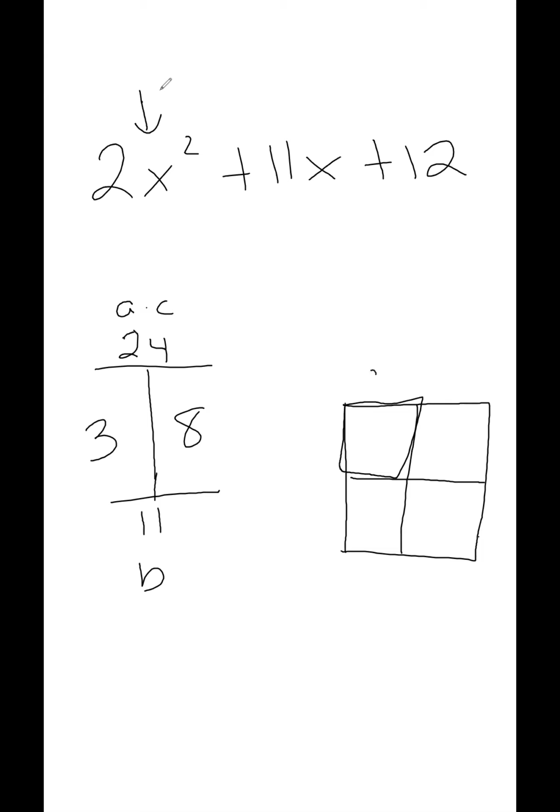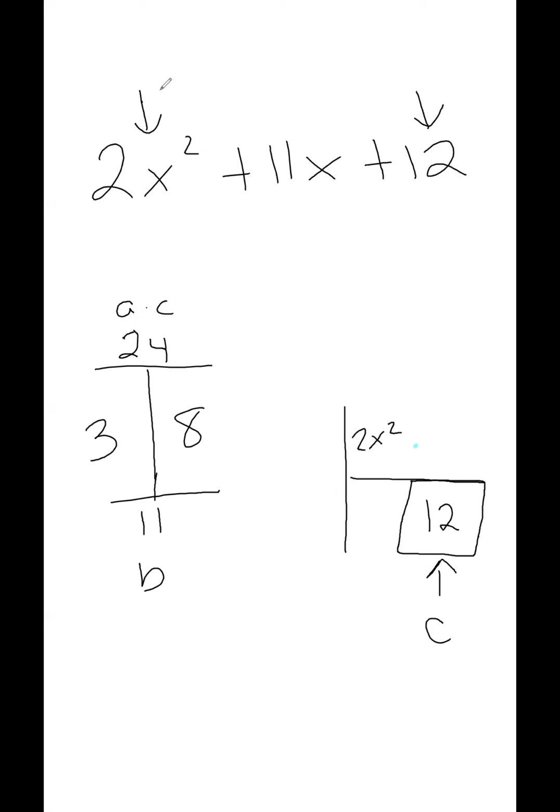So basically, a is what goes in this box. So I'm going to put 2x squared. If you remember earlier, there was just a number by itself in this box. Well, that's this number, C, 12. So C goes there. All right. Erase some of this.